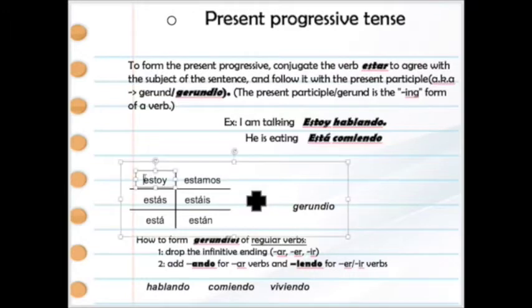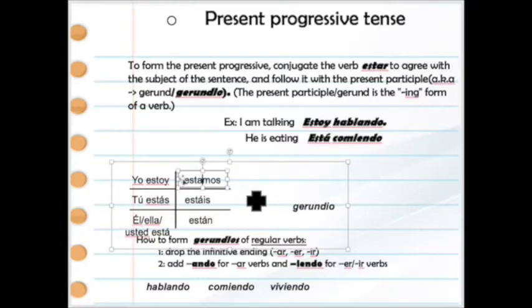So, for example, we have our chart here. If we wanted to even throw in the subjects, we could do that. Yo estoy, tú estás. All right, this one will be él, ella, usted, está.